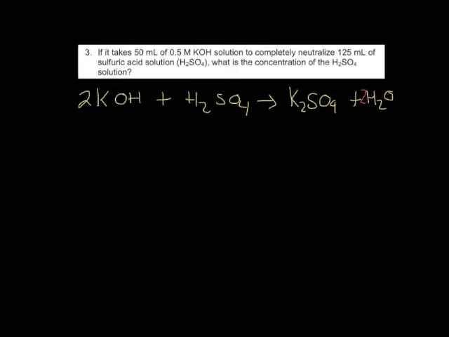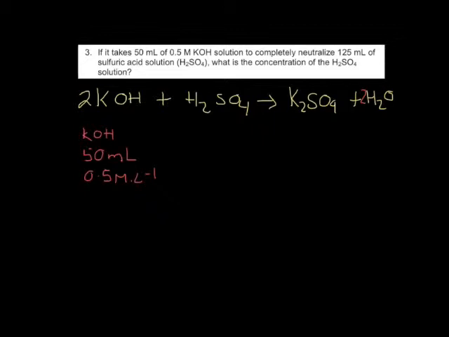So let's have a look at what the question's saying. I'm going to start writing my information for the potassium hydroxide. I know that it's going to take 50 mils. And I know the solution of the potassium hydroxide is 0.5 moles per litre.